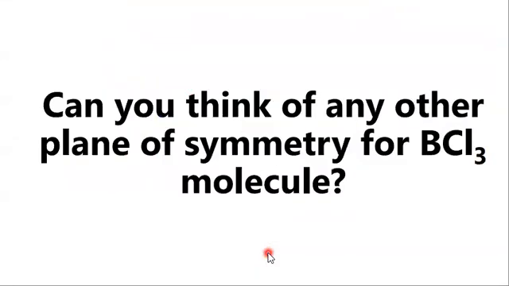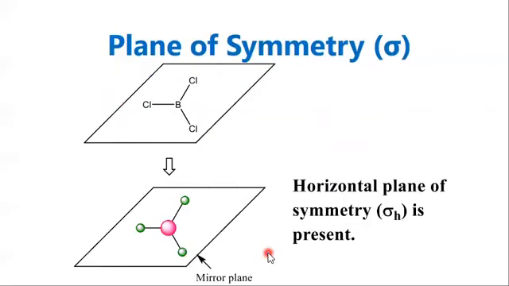Can you think of any other planar symmetry for the boron trichloride molecule? Of course, there is a horizontal planar symmetry. In the earlier case, we placed the mirror perpendicular to the plane of the boron trichloride.